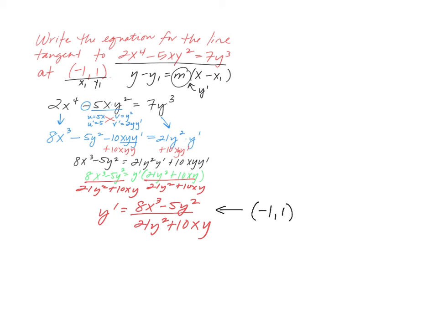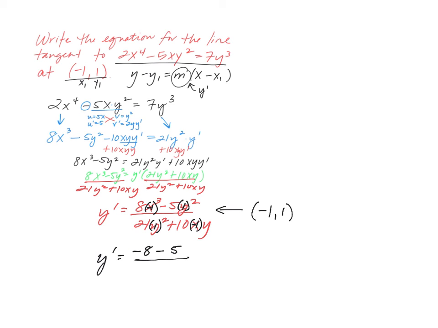So anywhere there's an x, I'll plug in -1. And anywhere there's a y, I will plug in 1. And then I'm simply following my order of operations to find my value. So -1 cubed is -1 times 8 is -8. 1 squared is 1 times 5 is 5, so I'll be subtracting 5 on the top.